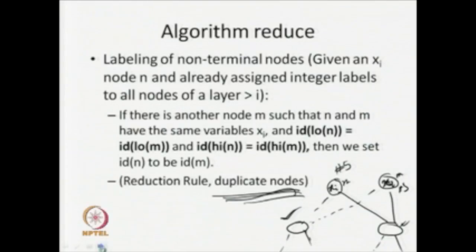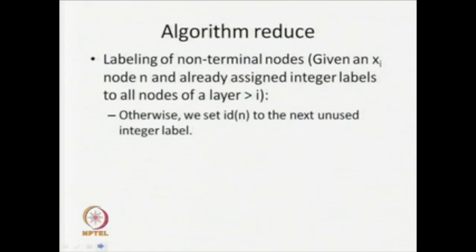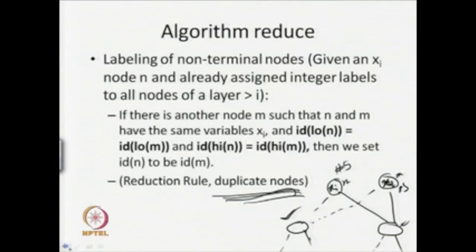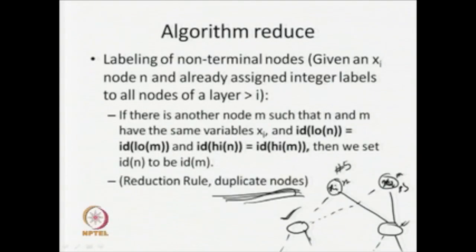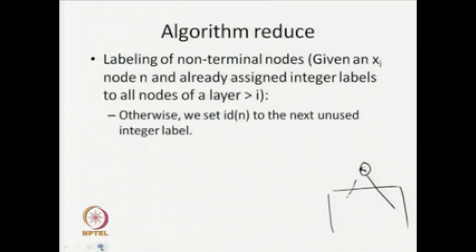Okay. So, in this case, say I am coming to a particular node xi and all the nodes below it are labeled, and it is not following these two rules, the first one and the second one. Then what will happen?